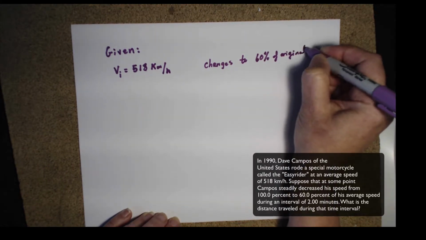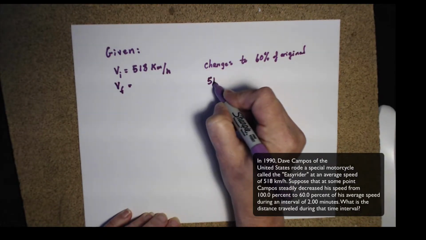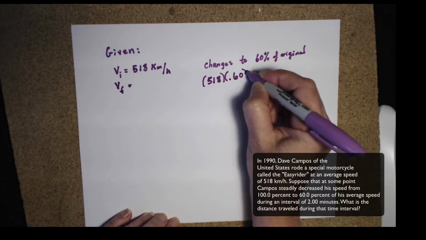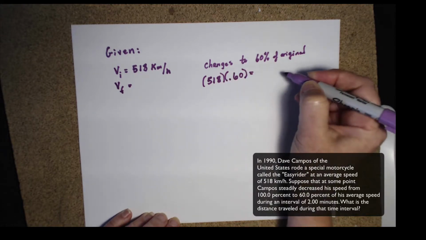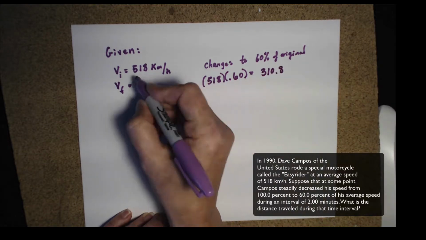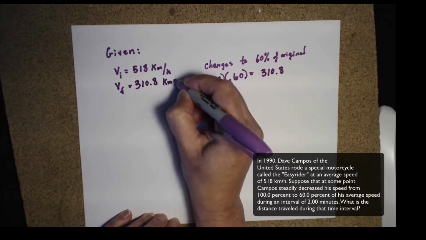To find 60% of that number, we're going to multiply times 0.6, and that gives us a final velocity of 310.8 kilometers per hour. The time given to us is 2 minutes.